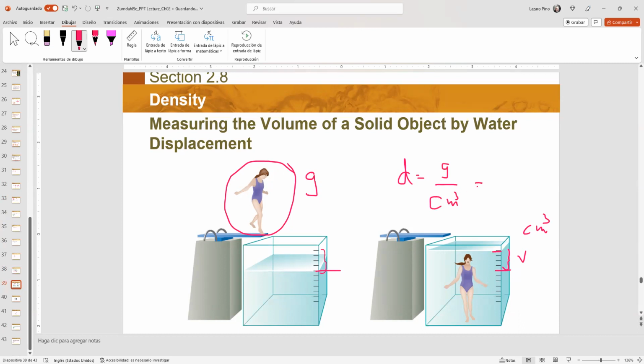What is equivalent to grams per milliliter, since 1 cubic centimeter is equal to 1 milliliter. Well, not equal, but equivalent.